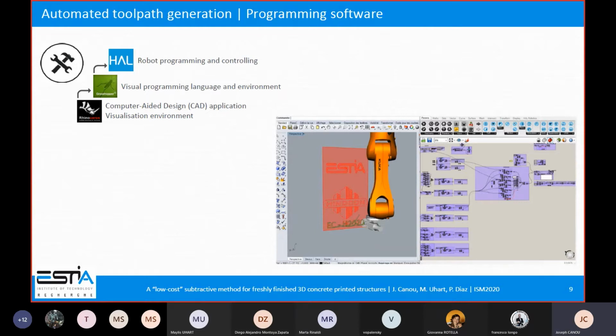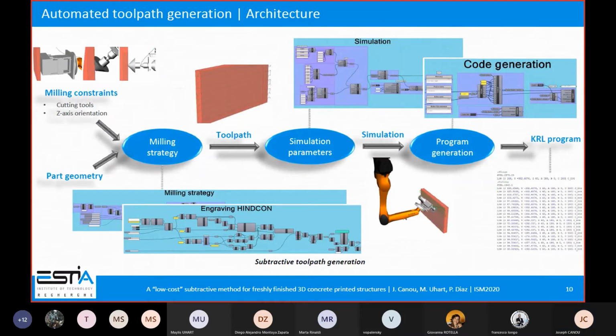We use a parametric design programming environment based on Rhino, Grasshopper, and HAL Robotics. HAL Robotics is a plugin that is very useful to program trajectory, but also to do some collision avoidance, simulation, etc. So we use this tool in collaboration with HAL Robotics, and it helps us to take into account the milling constraints, so the tool, also axis orientation, the part geometry.